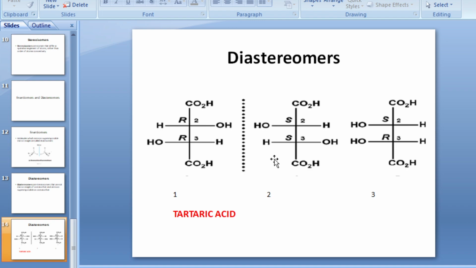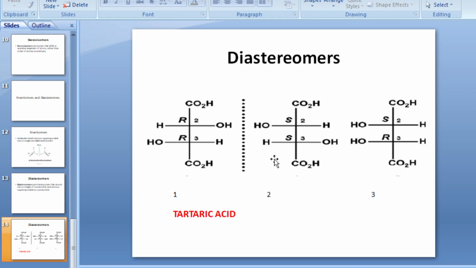They become diastereomers. Here you have taken two stereocenters; this is a two-stereocenter molecule, and in the case of tartaric acid you come across diastereomers like that. So 1 and 2 are enantiomers, 2 and 3 are diastereomers, and 1 and 3 have a diastereomer relationship.